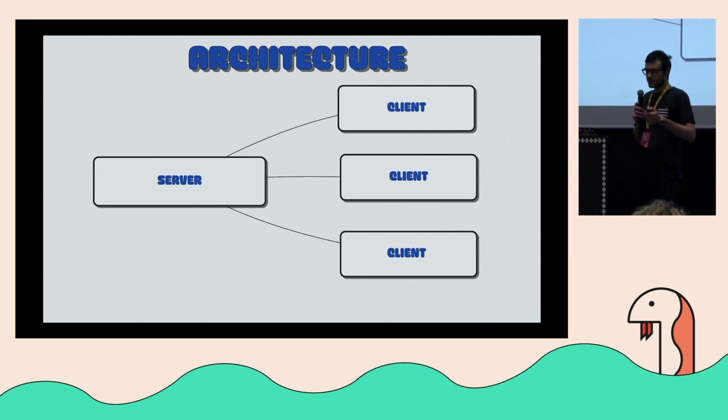So the architecture of, in general, a classic federated learning application is composed of two main components. One is the server, and then we have the client. This is in general for all the frameworks. It's not specific to Flower.